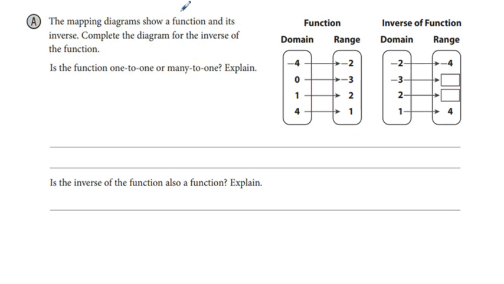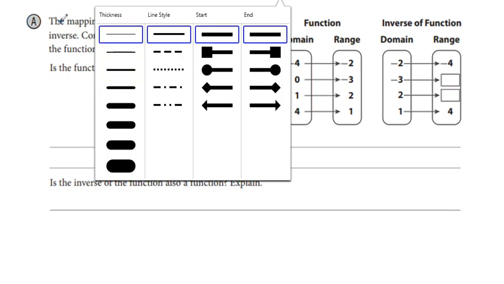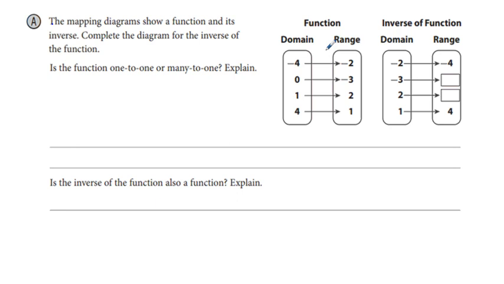A, the mapping diagrams show a function and its inverse. Complete the diagram for the inverse of a function. Okay, so what we have here, I'm going to get myself a skinnier pen. Okay, we have a function, its domain and respective range. Well, for x's and y's to switch, in this case, our input of 0 gives an output of -3.